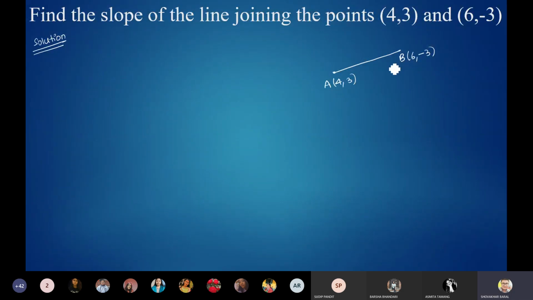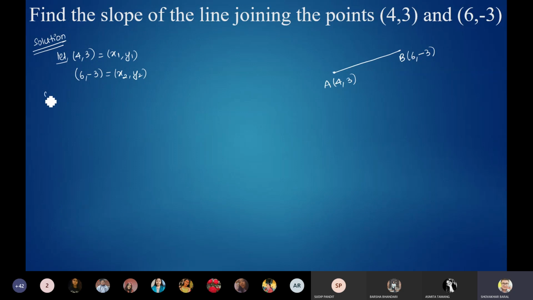Okay, so let's find what will be the slope of this line. Let (4, 3) be (x1, y1), and (6, -3) be (x2, y2). Please write along with me.